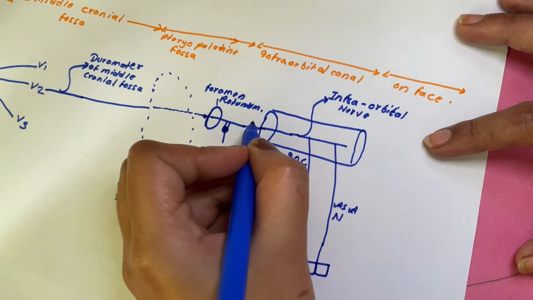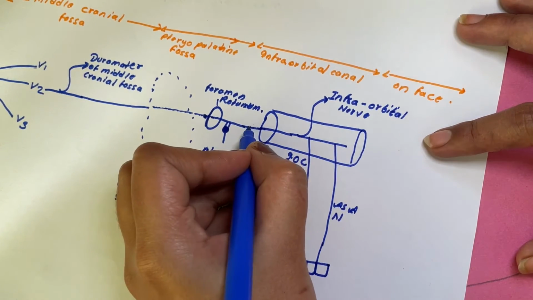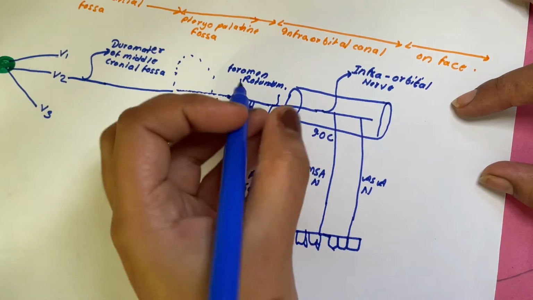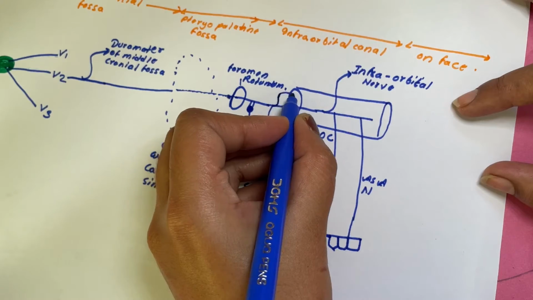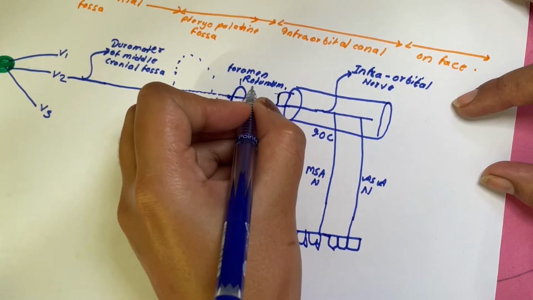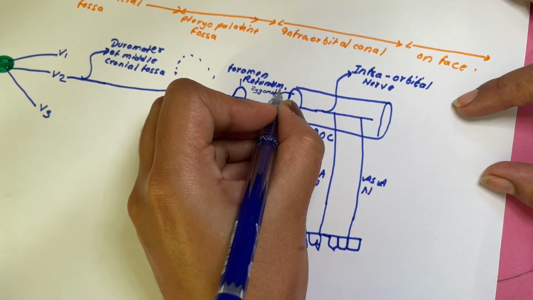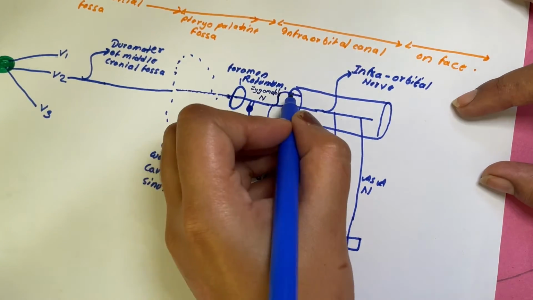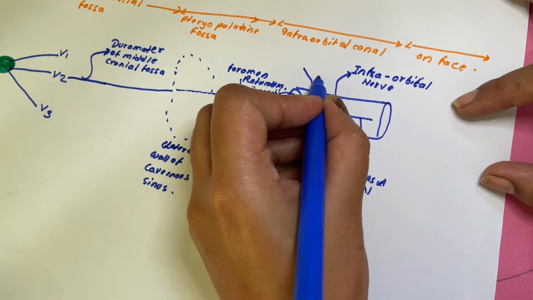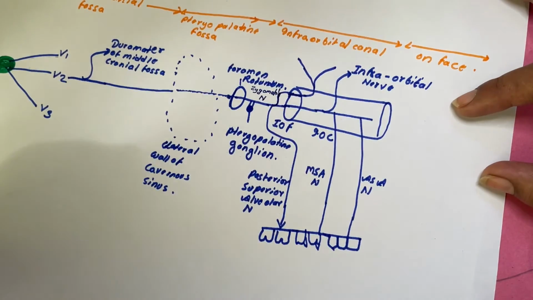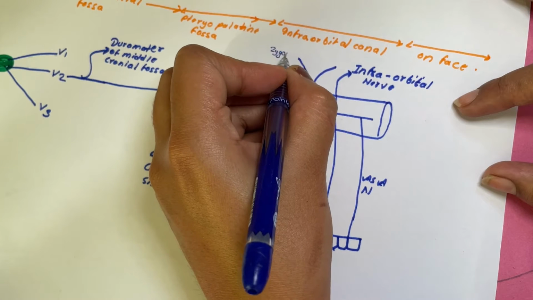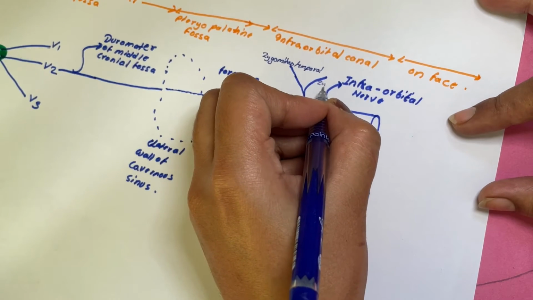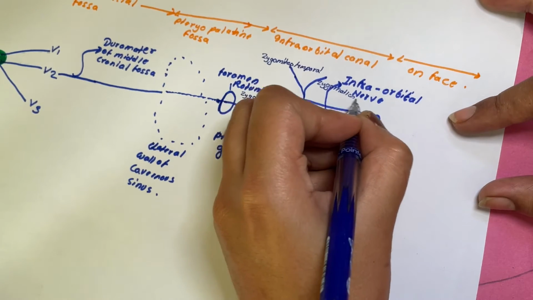Another branch: before entering the inferior orbital fissure, it gives a branch to a nerve, that is the zygomatic nerve, and it passes through the inferior orbital fissure, and in the infraorbital canal it gives two branches, that is zygomatico-temporal and zygomatico-facial.